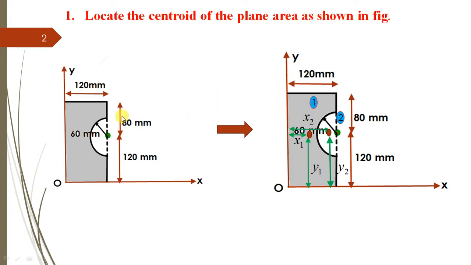Here, instead of plane area, we note that it is the shaded area. We have to find the centroid of this shaded area, which is shown by the blue color. There are two shapes, one is the rectangle, another one is this semicircle.